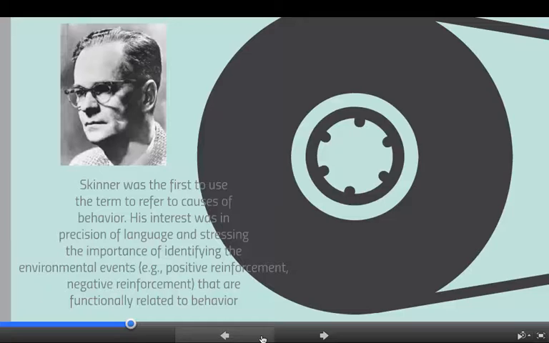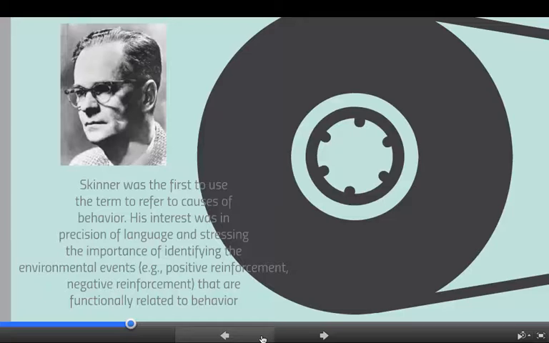And he underscored the word cause and the word function because he demonstrated through his own research that behavior was functionally related to the consequences that followed the behavior. And he demonstrated that over and over again. And he showed us the impact of positive reinforcement, the addition of something following a behavior that accelerates behavior.